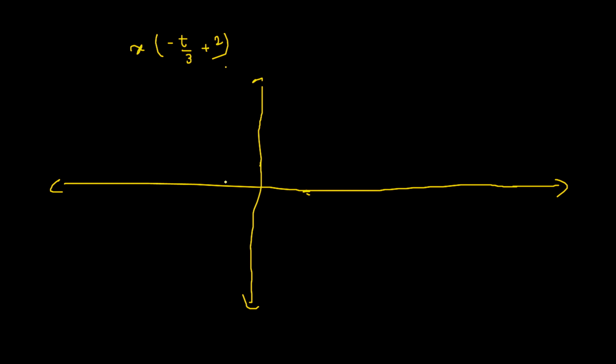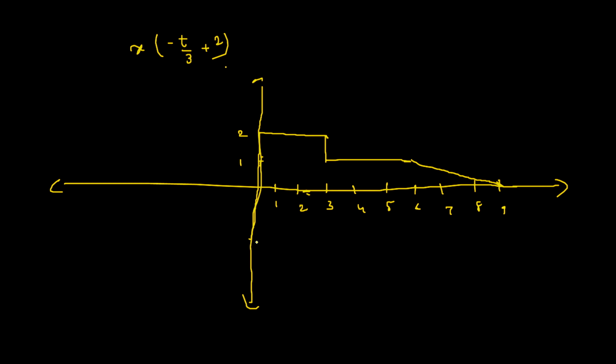So whatever was between 0 and minus 3 in that case comes between 0 and 3 here. So between 0 and 3 my value will be 2, and between 3 and 6 my value is 1, and from 6 to 9 I have a downward graph, and here, I'm sorry for the terrible diagram.